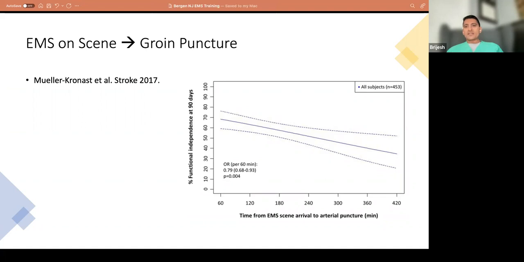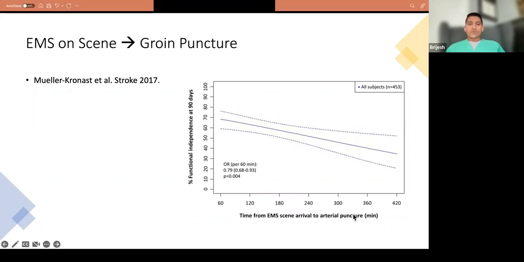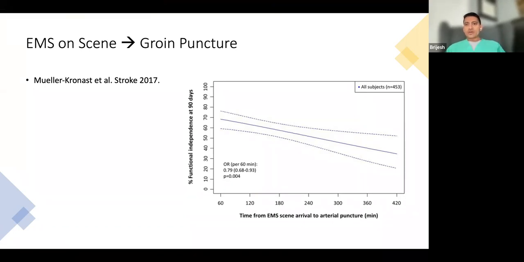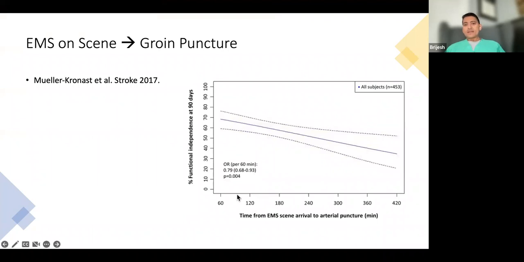In 2017, it showed the results of thousands of patients that were suffering from an acute stroke, and when they were brought in by fire rescue, by paramedics to the appropriate stroke center, so from time on scene, evaluation by paramedics, to arrival to the hospital and arterial access, the way some of these animations showed, and the outcomes of the patients once the vessel was opened up. And so it is very time dependent.